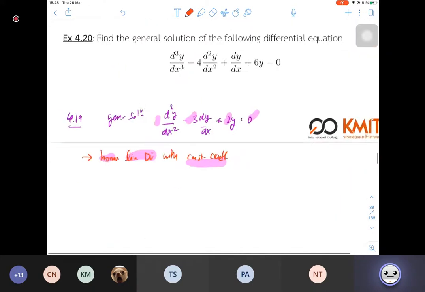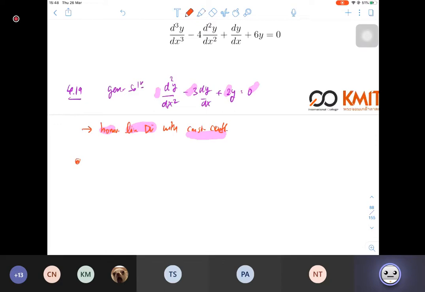Secondly, you need to find the characteristic equation.